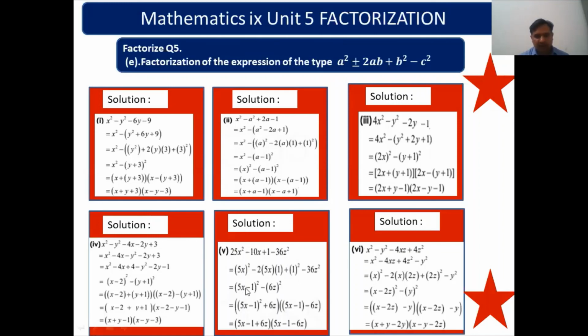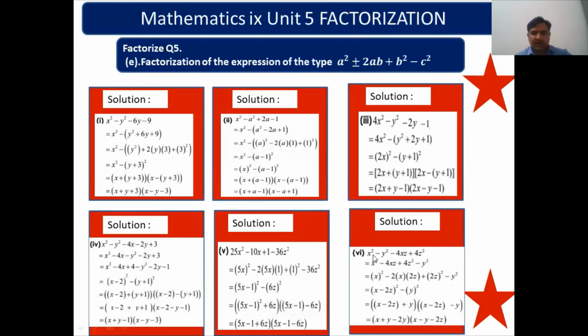So again we will utilize the formula a square minus b square, which is equal to a plus b a minus b. So you have to utilize 5x minus 1 here, and this is a typing error, there is no square, so you have to remove this one. 5x minus 1 plus 6z and 5x minus 1 minus 6z. So we can simplify this as 5x minus 1 plus 6z and 5x minus 1 minus 6z.